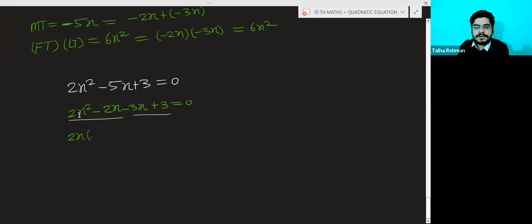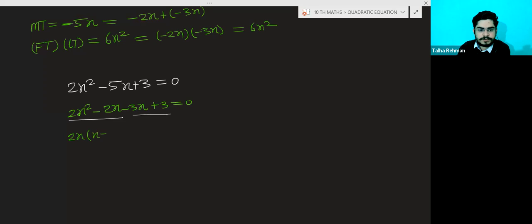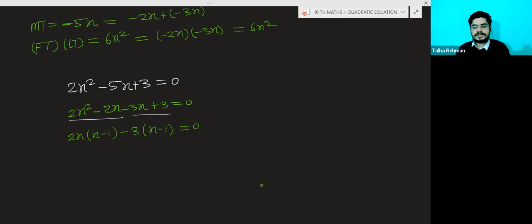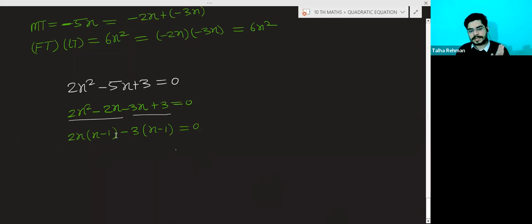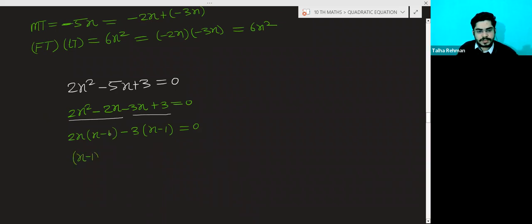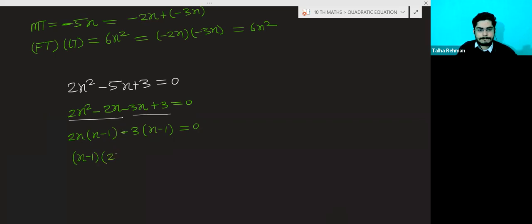So here will be x minus 1. Here will be x and here will be minus 1. And here what we can take common? We can take minus 3. So here will be x minus 1. So remember this thing. These two brackets must have the equal value so that we can take this bracket common. So from here we can take x minus 1 as common. The other term we will have is 2x minus 3, and that is equal to 0.